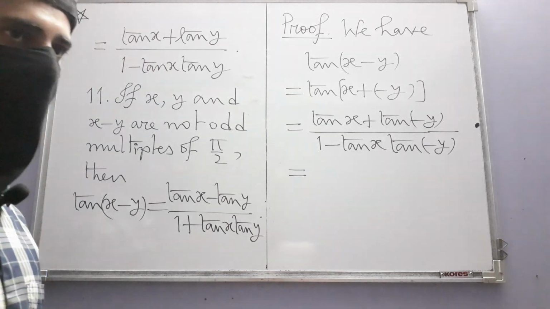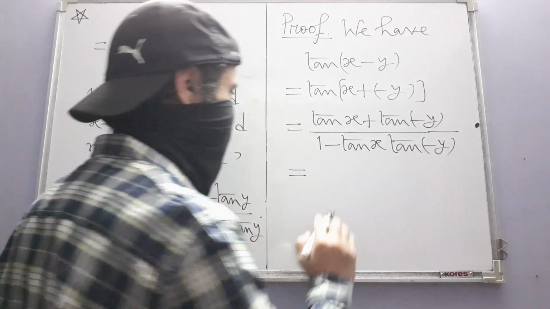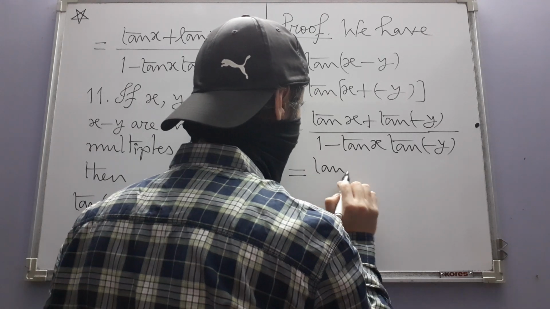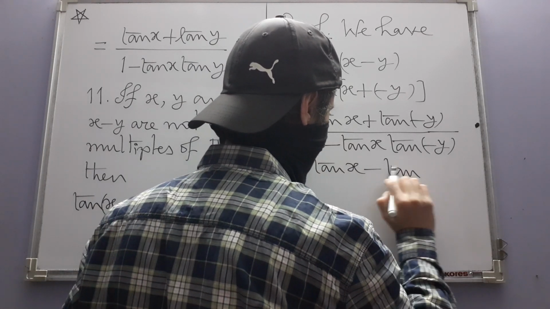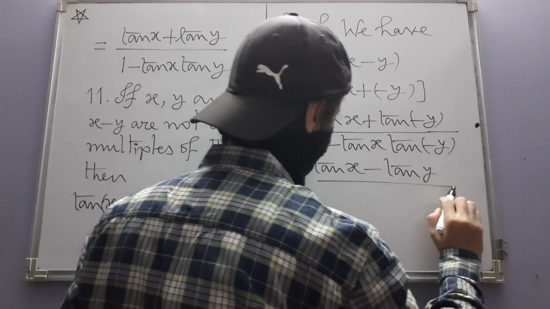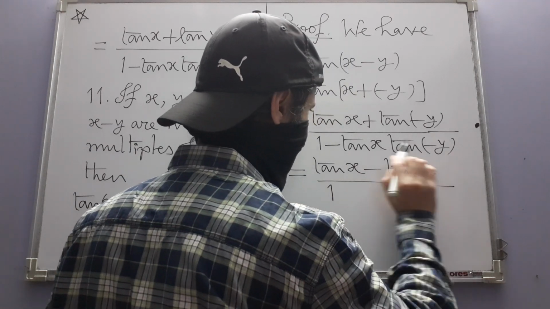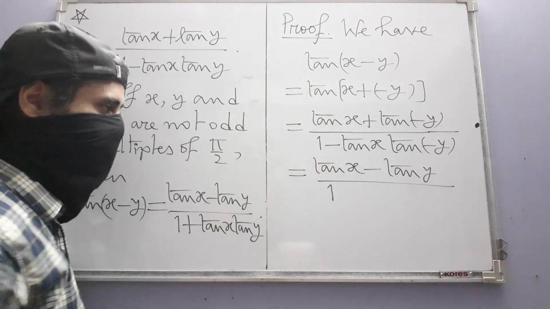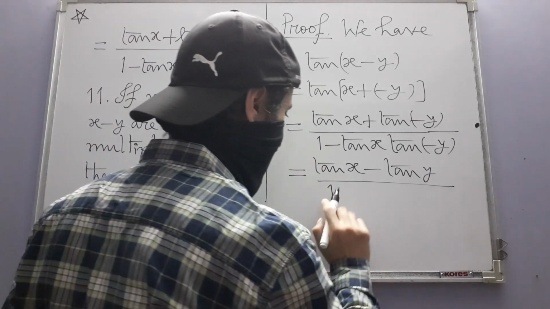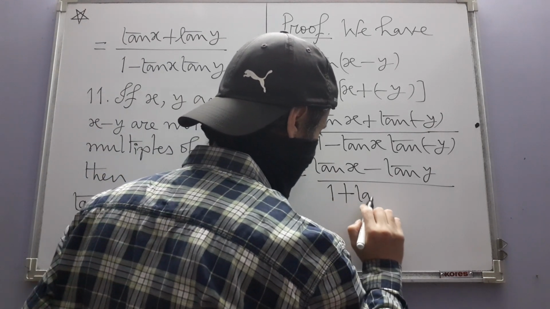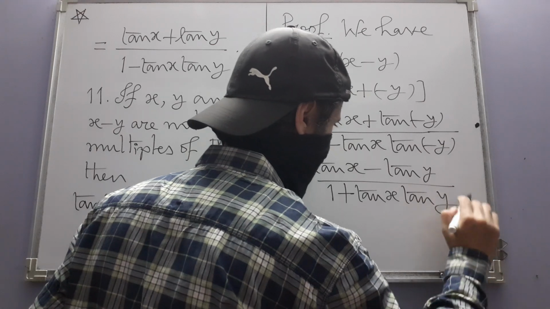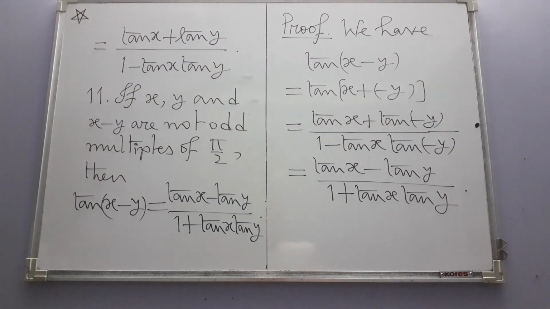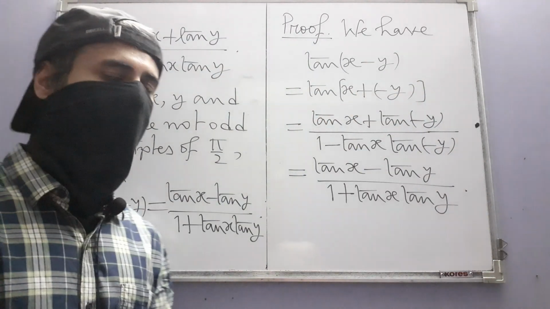It is an odd function. So that's how you have tan x minus tan y divided by 1. If 1 minus comes out, that becomes plus with this minus. Okay, so that's how we have this formula also.